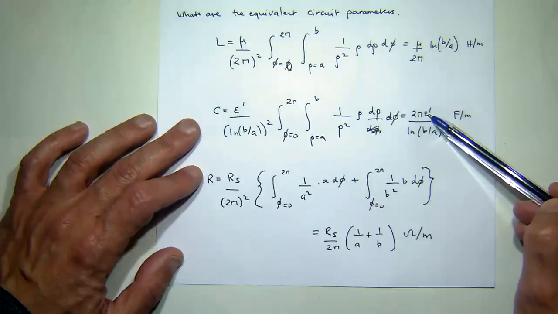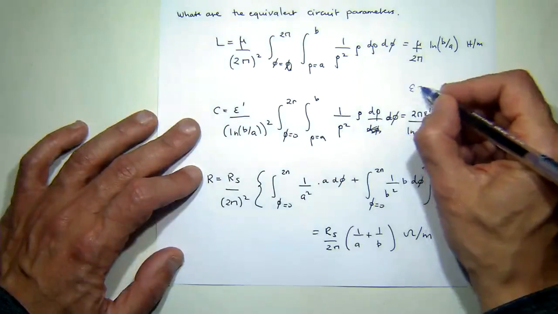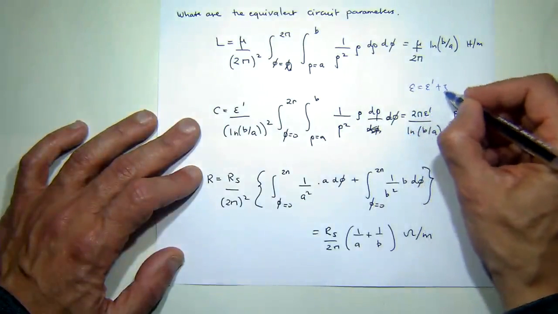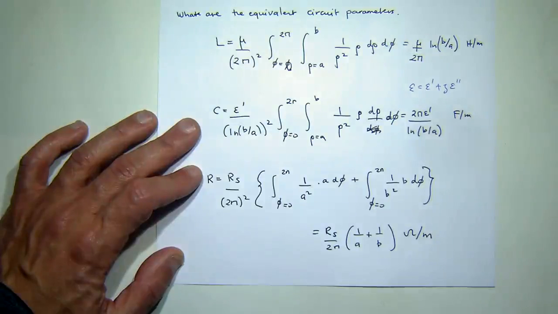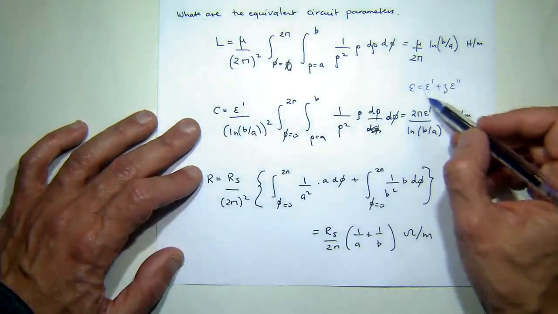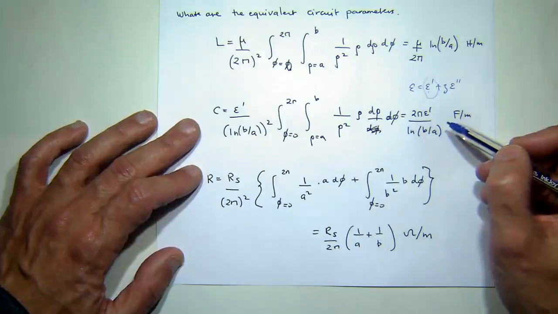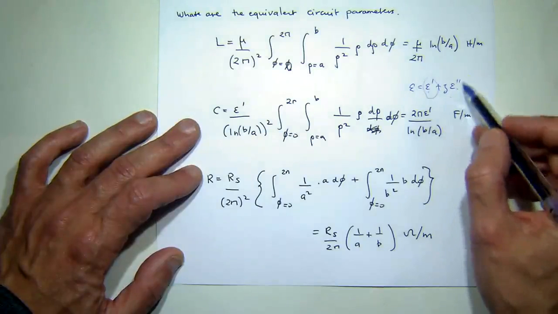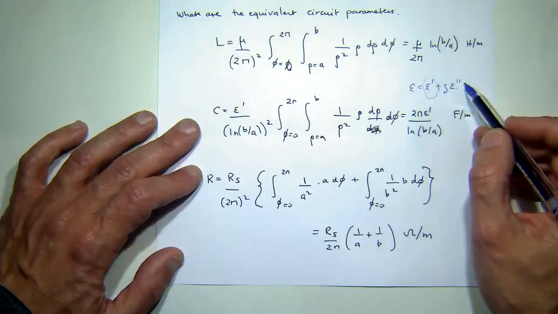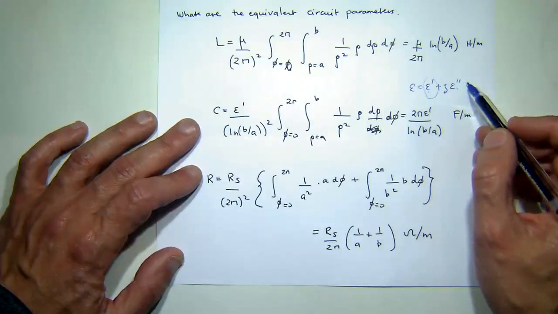Does anyone remember what epsilon dash is? Remember when I said epsilon is equal to epsilon dash plus j epsilon double dash? That's the real part of the dielectric constant. Double dash was the imaginary part, which corresponded to what? Loss. To the loss of the dielectric.